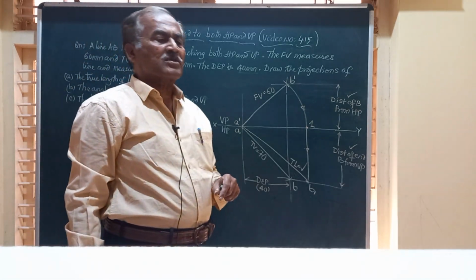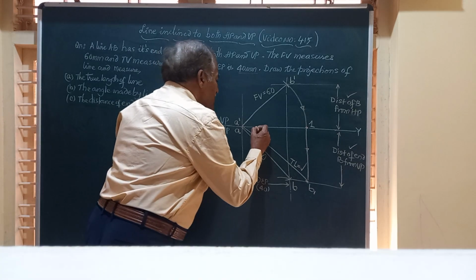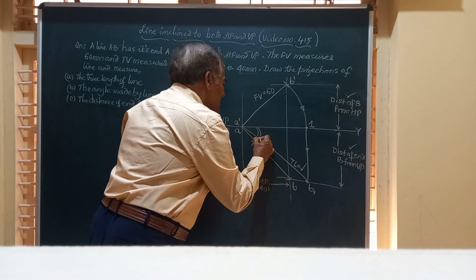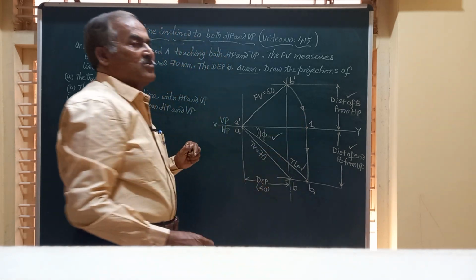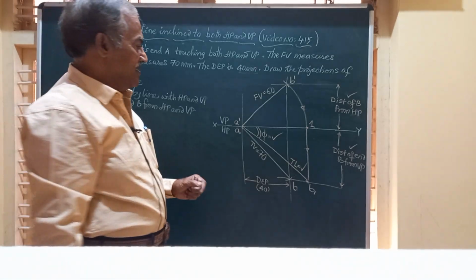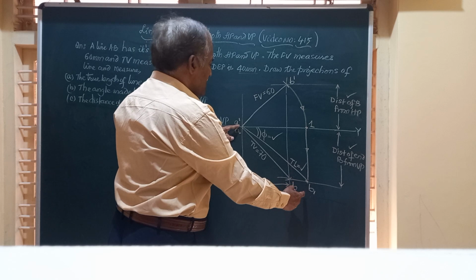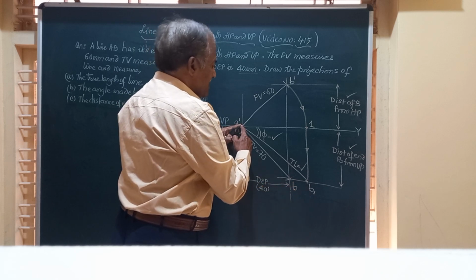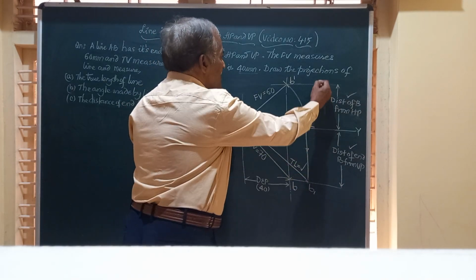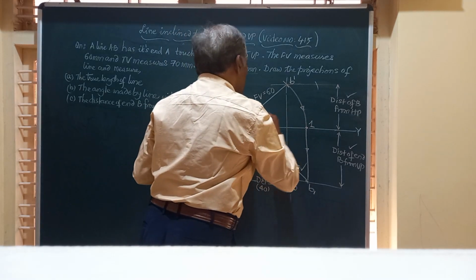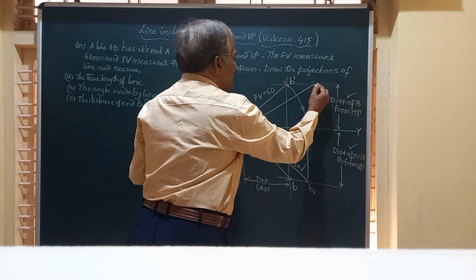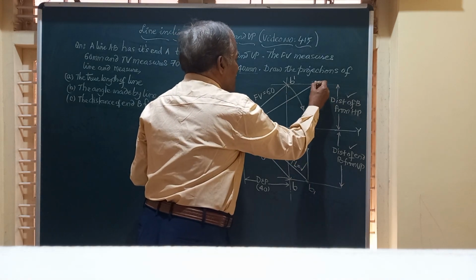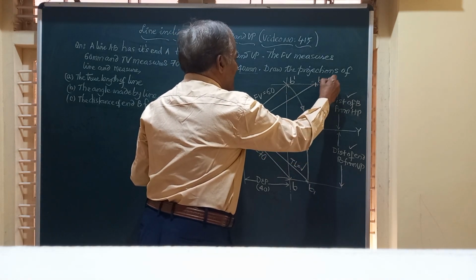Friends, once you have this true length, you can also measure what is phi, that is the angle made by the line with the vertical plane. You have the true length here, taking A dash as center and this true length as radius, I am going to draw another arc, and this arc will cut or intersect the locus of B at point B1 dash.